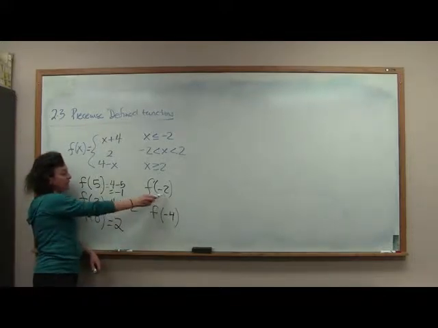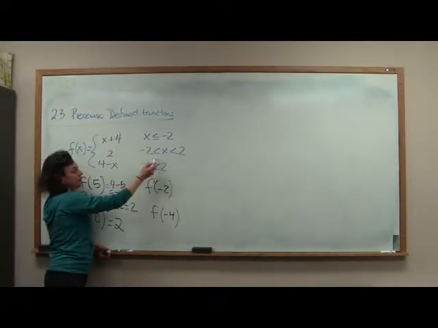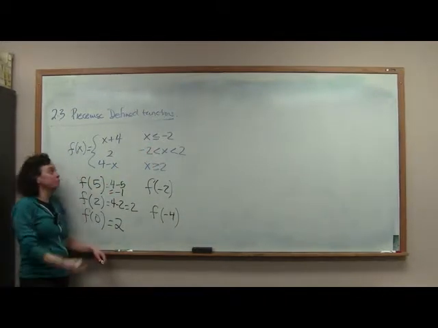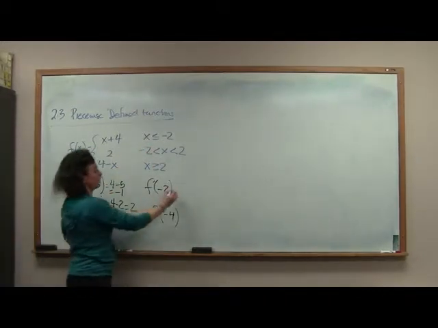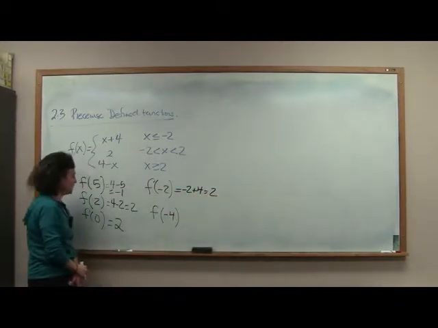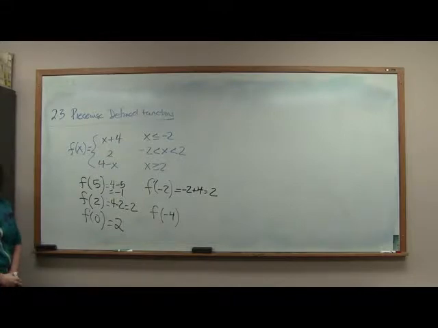Next, if we want to plug in -2, well, we see a -2 here, but we don't have the equal sign, so what we're going to do is say, -2 is certainly equal to -2. We'll plug it in our top function. So we'll get -2 plus 4, which is 2. I think the number of the day is 2 right now.